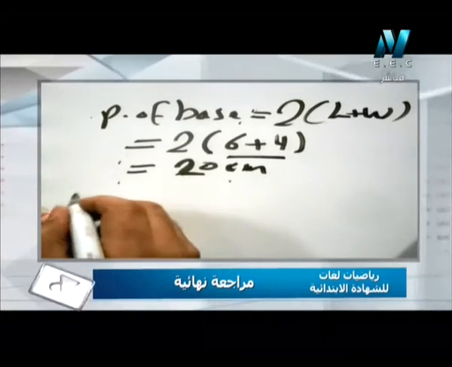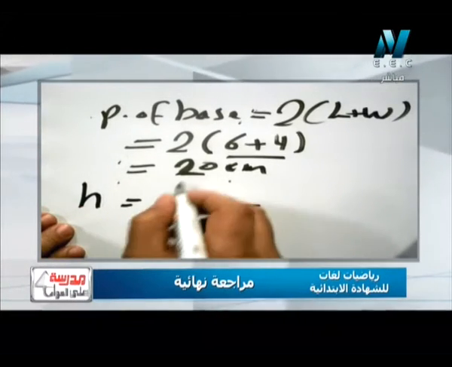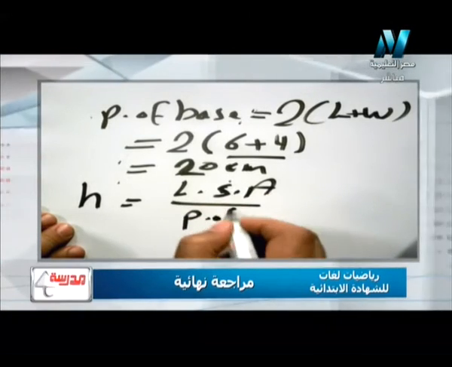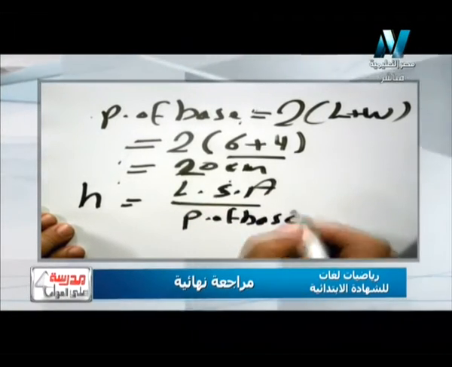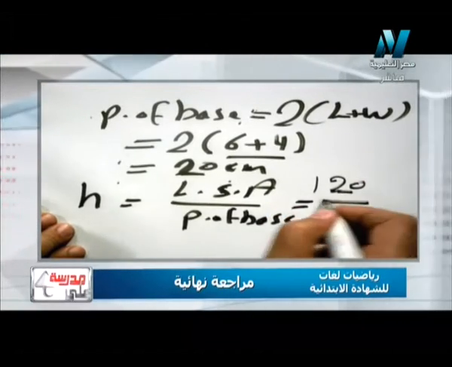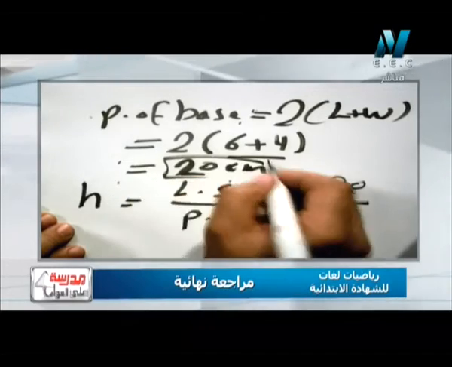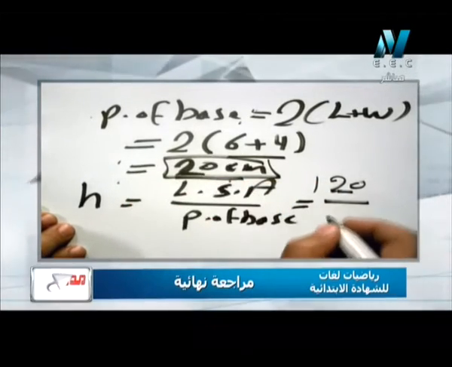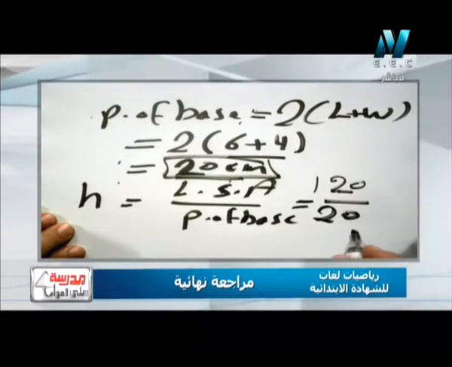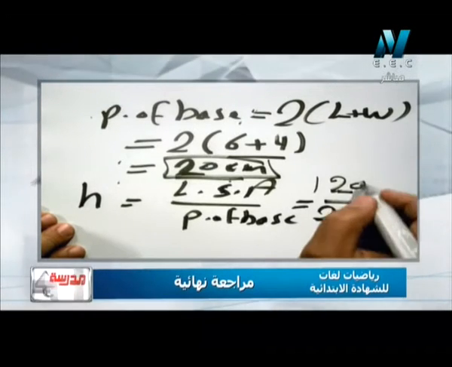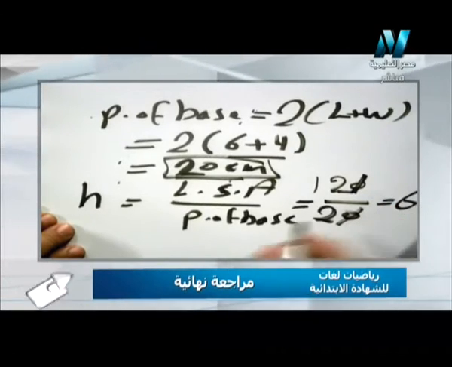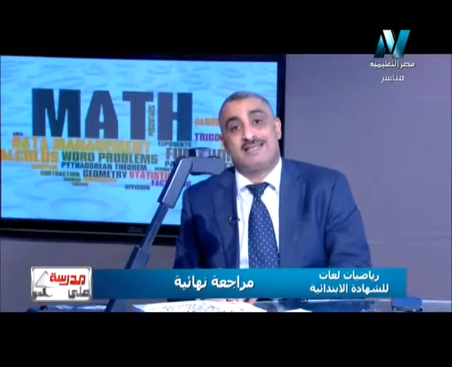Height equals lateral surface area over perimeter of base. Lateral surface area 120 divided by the perimeter of the base 20, the result is 6 centimeters. The height in this case, my dear students, is 6 centimeters.